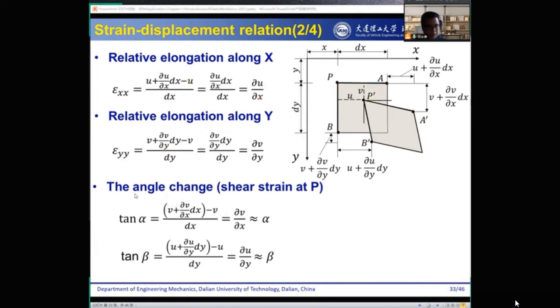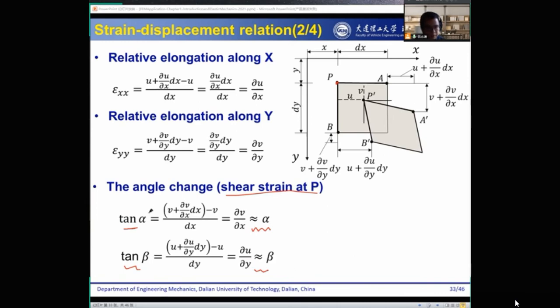The angle change is the shear strain, for example, the angle change at point P. So first the tangent alpha, because we make the assumption of small deformation, tangent alpha is approximately equal to alpha, and beta is approximately equal to tangent beta.